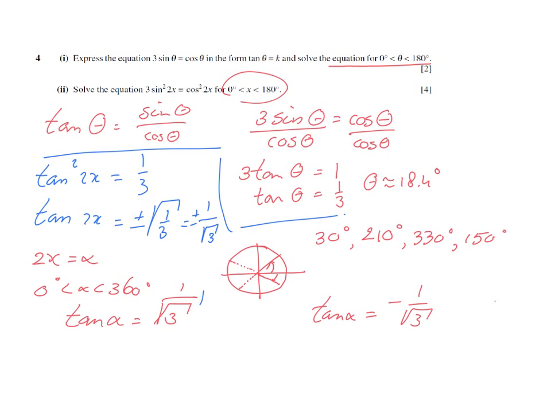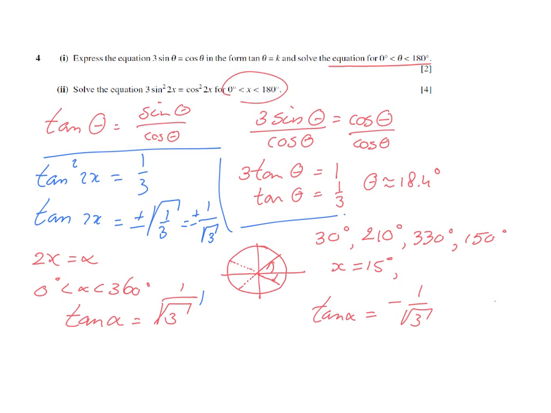Now, very last thing you need to do, and that's why you get 4 points, guys, because there are a few things to consider. These are the values for alpha, and alpha is 2x. So if 2x are those values, then we're interested in x, and we're trying to solve the equation, so we have to take half of them. So 15 and 110, not 110, sorry about that. What is 210 divided by 2?